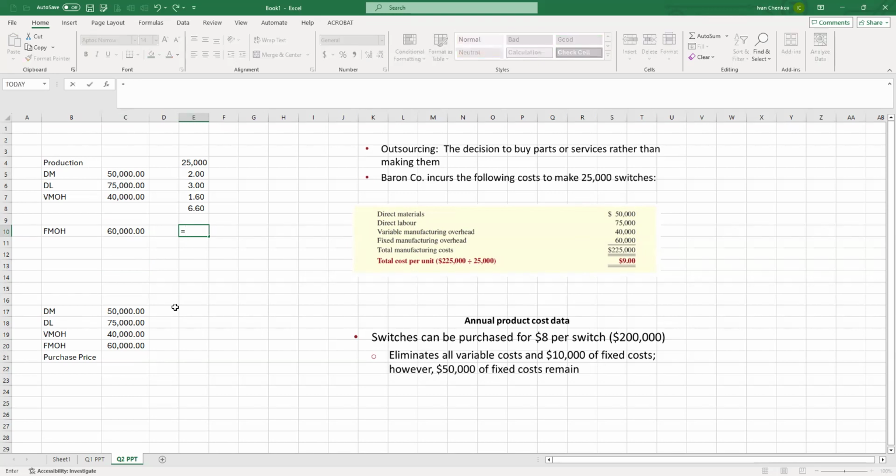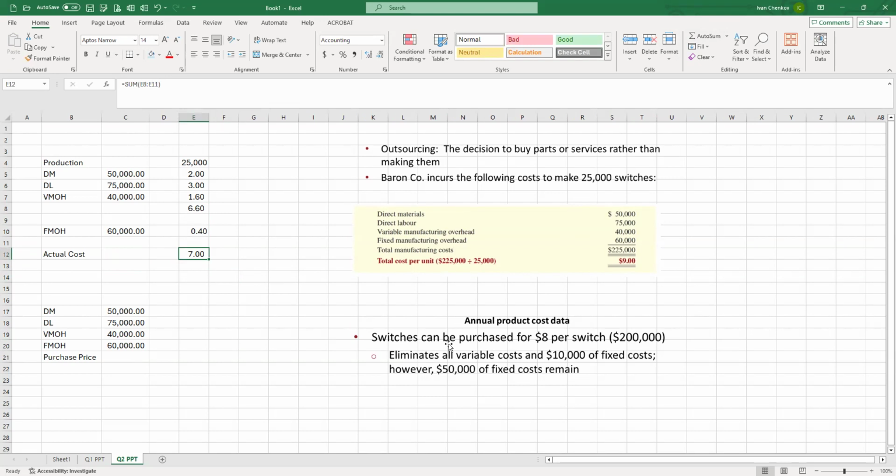So 10,000 divided by 25,000 units, how much can we save? Can you see it? 40 cents, right? So how much does it actually cost us to produce it? Actual cost to produce it is $7.